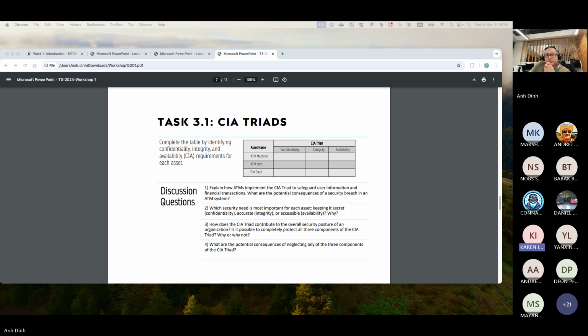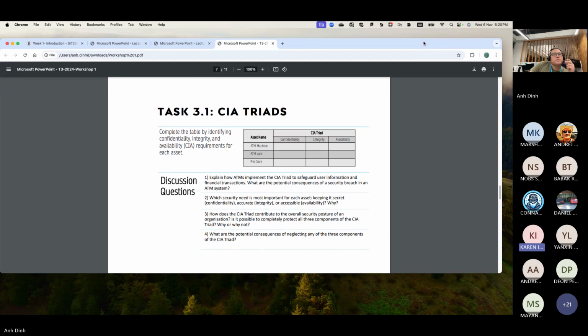But as far as the most serious, I would probably say it's confidentiality, because people rely on the confidentiality factor to protect their funds. So if a PIN and a card is stolen, then obviously those funds can be accessed and stolen through an ATM.